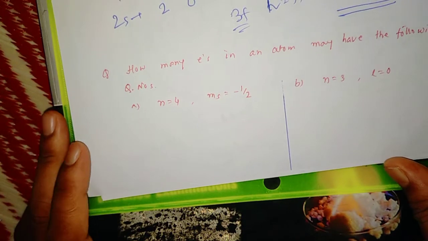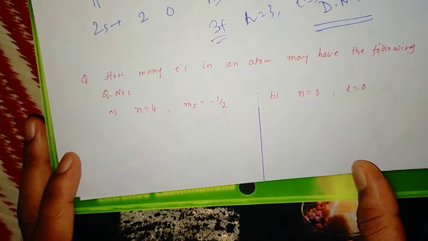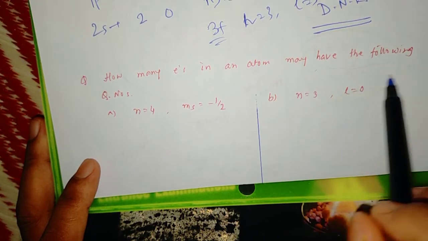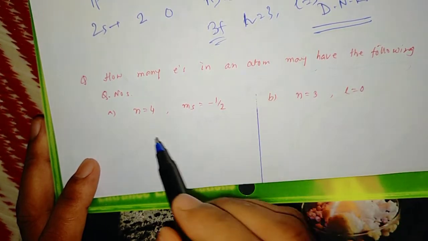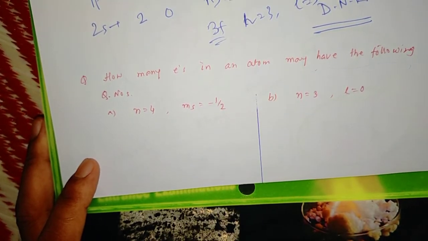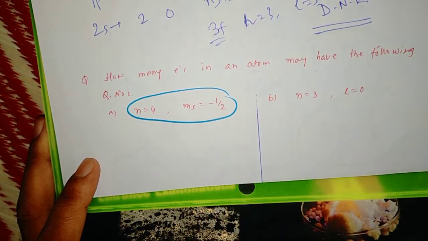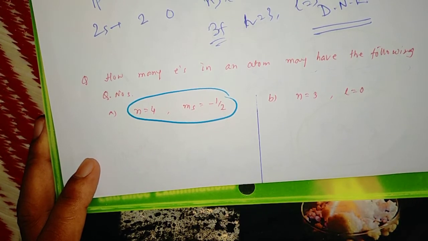Then the next question is: how many electrons in an atom may have the following quantum numbers? The first one is given n equal to 4, ms equal to -1/2.